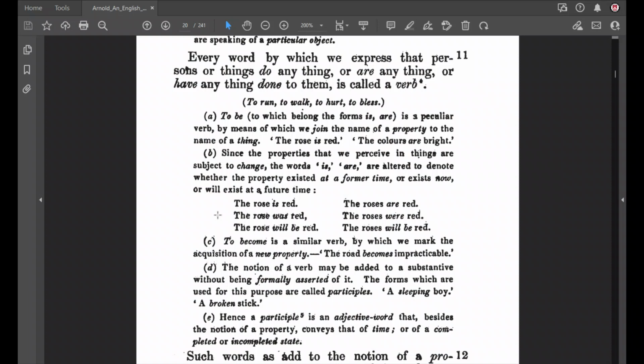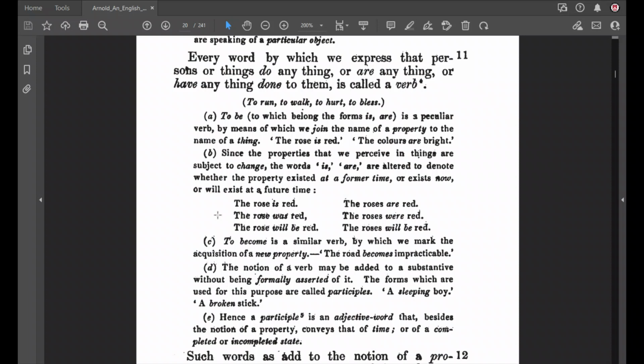Because of this, the words is and are, which are present tense, are altered to denote whether the property existed at a former time, or exists now, or will exist at a future time. So we can show different tenses with verbs. Verbs have different forms that allow us to express different times at which these things are said to be true.